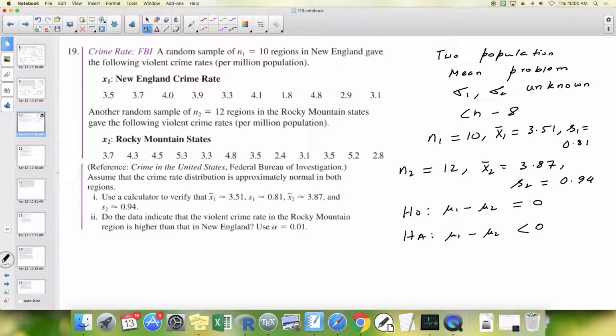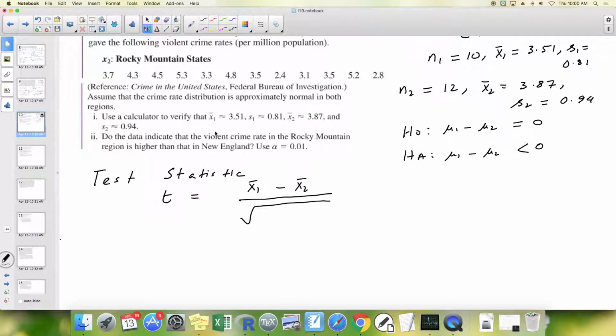So let's find the test statistic first. Test statistic shall be t equals x1 bar minus x2 bar divided by square root of s1 square by n1 plus s2 square by n2. So let's check this formula.